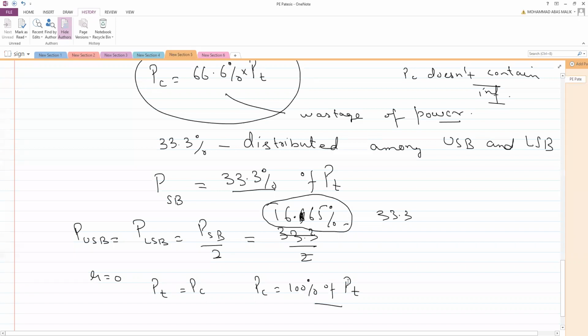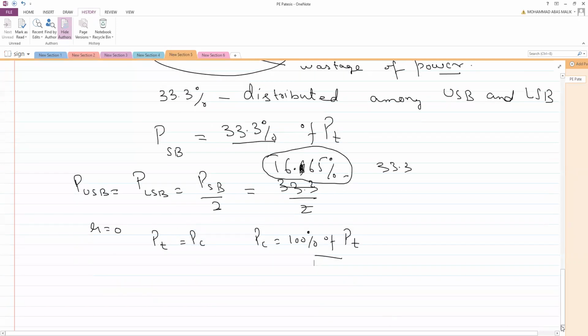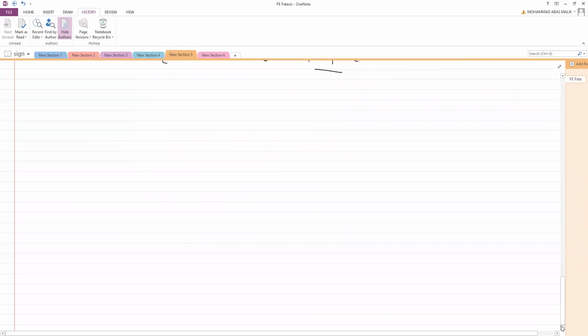Now write one definition. The percentage of power distributed to the carrier signal is said to be the wastage of power, because the carrier does not contain any information.